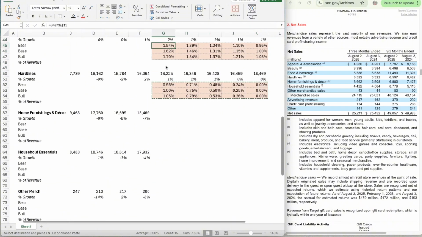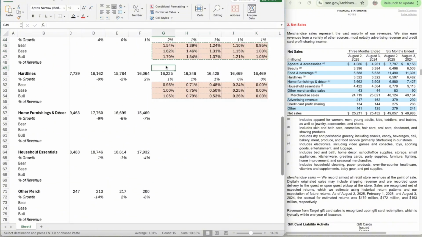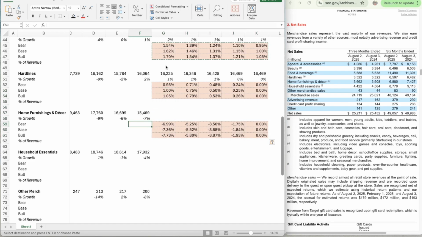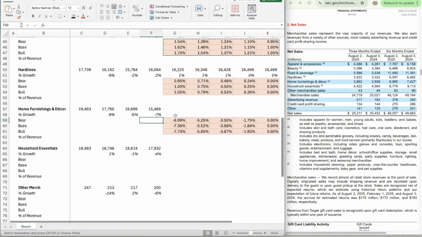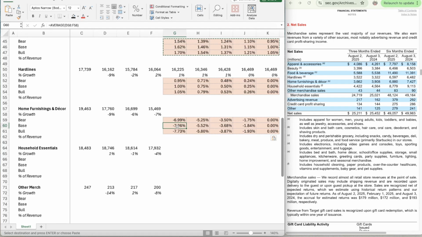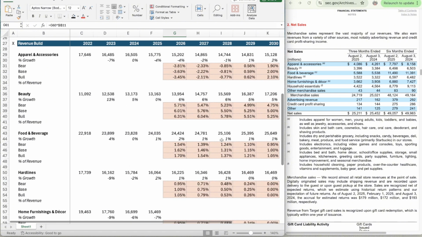Let's pick up this one just because it keeps the formatting the same. This doesn't look good, home furnishings. Again, it can't keep going down like that. Three years, I mean it can, but let's be optimistic. Let's give it 1%, and we'll see.